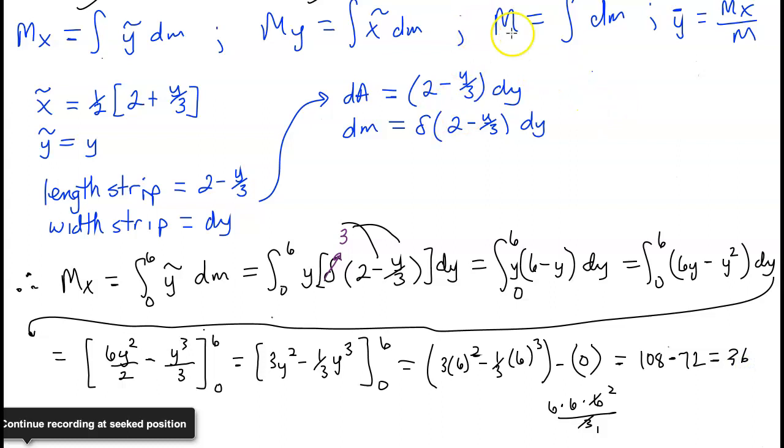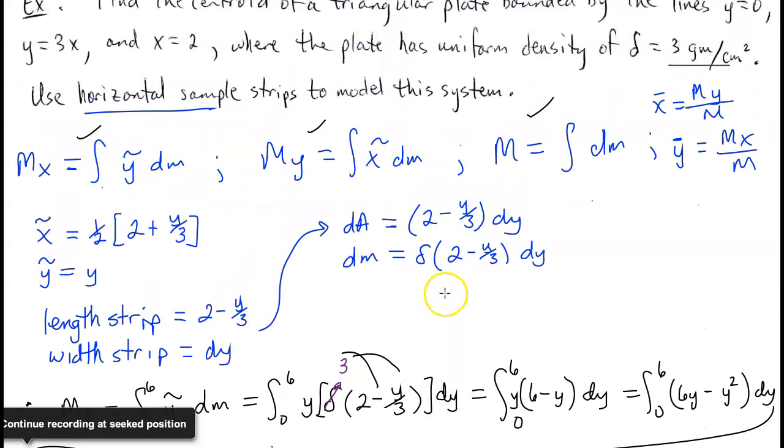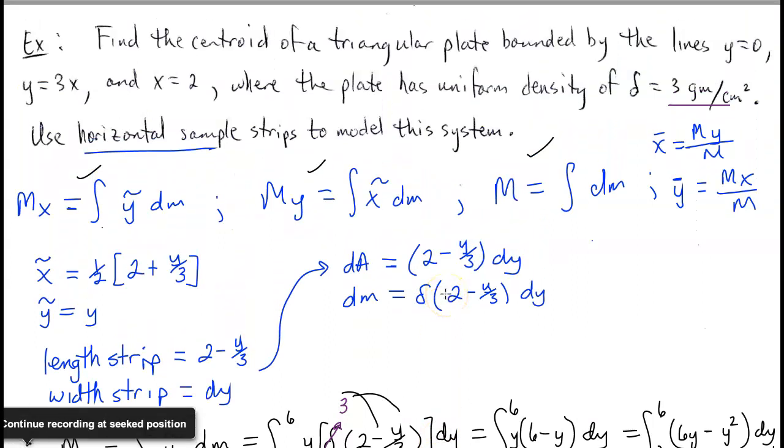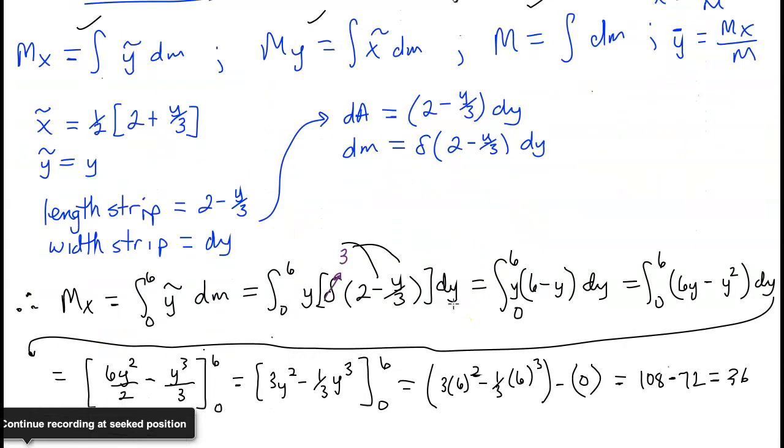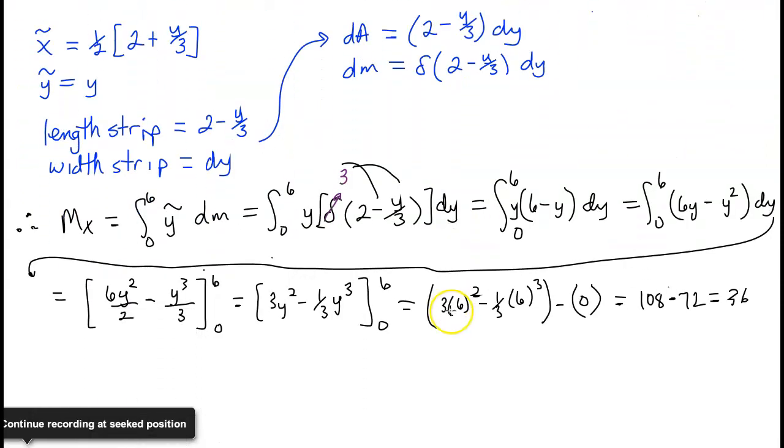And so that will be what our moment about the x-axis is. And the units for that, if I wanted to put those on there, would be gram centimeters, okay? So that would be 36 gram centimeters.